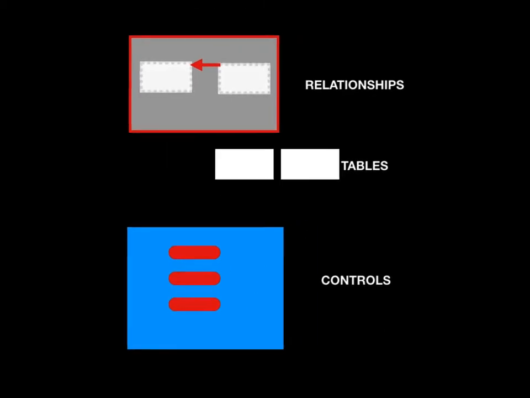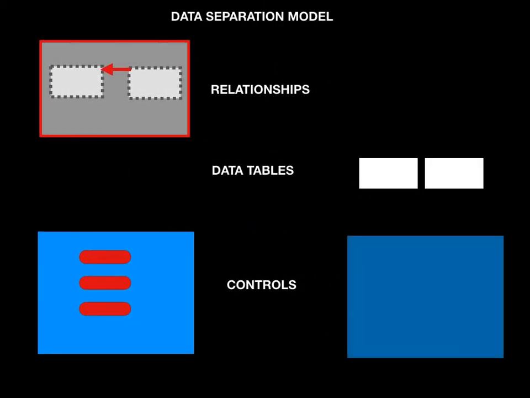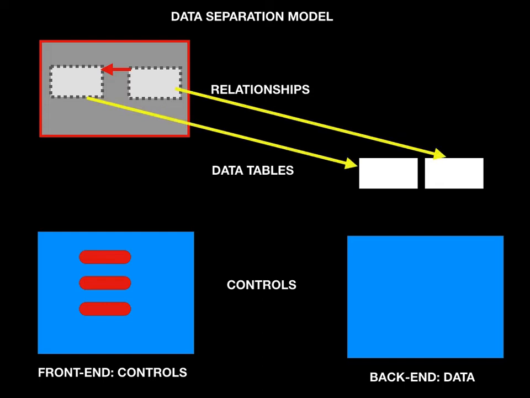So what happens when we move to a data separation model? In the data separation model, the data is kept in a separate database, represented here by the blue rectangle on the right, the back-end data, and the data tables are there. However, the front end has the controls, for example, put in alphabetical order or print labels or whatever, and also has the relationships table.